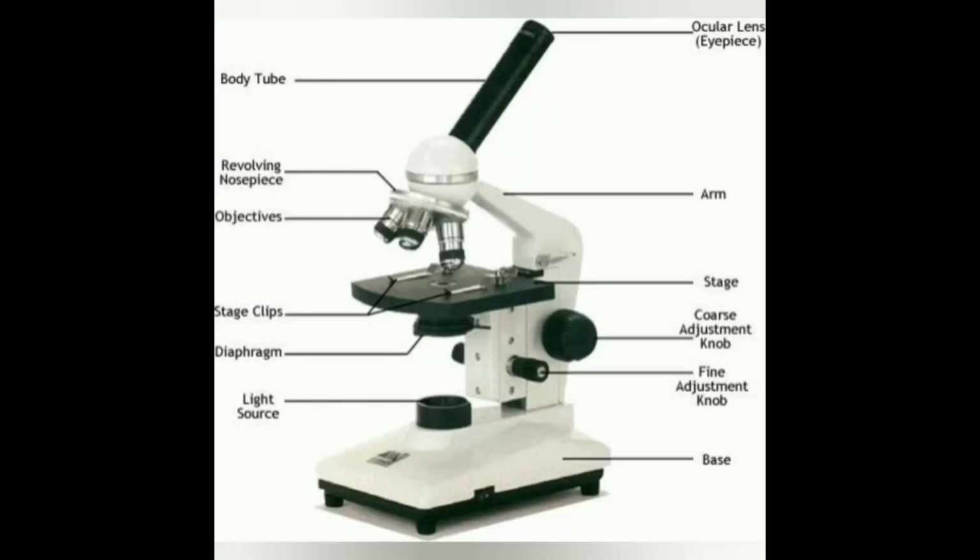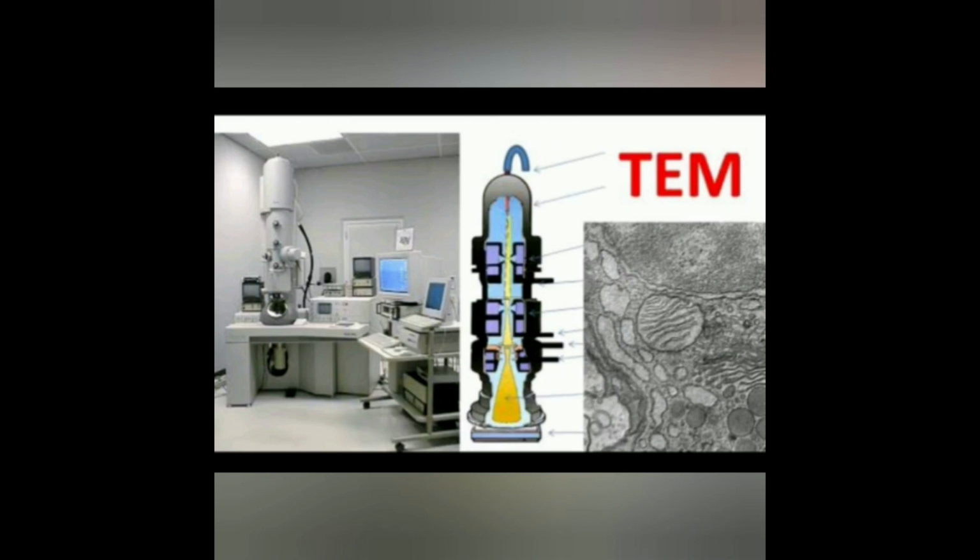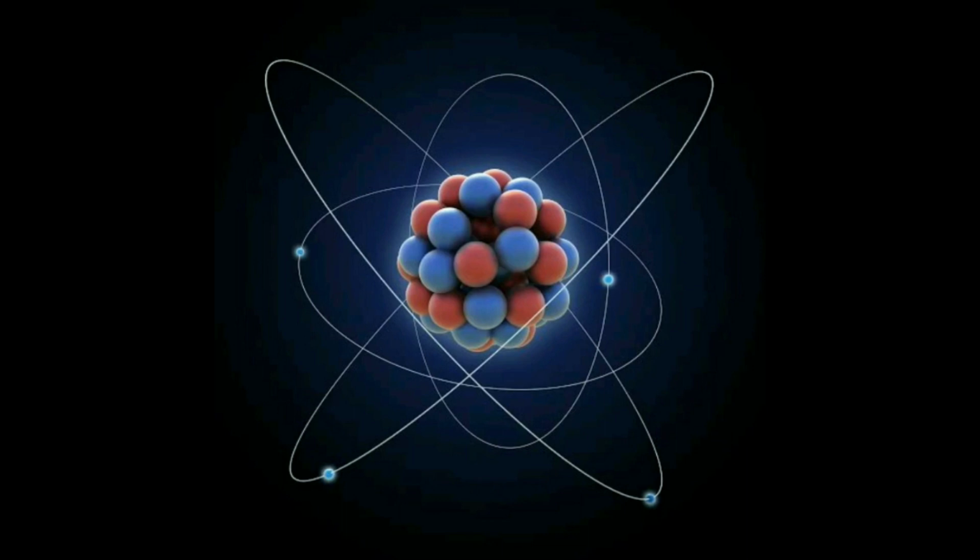Through this microscope we can see the structure of the atom, and we can also use the tunneling electron microscope, TEM, which uses electricity to map atoms. These are the two main microscopes which help us to see the atom and also the constituent particles.